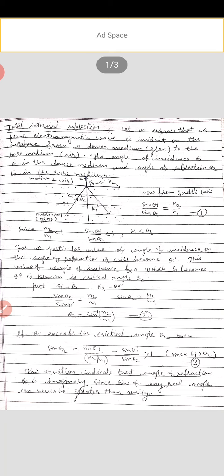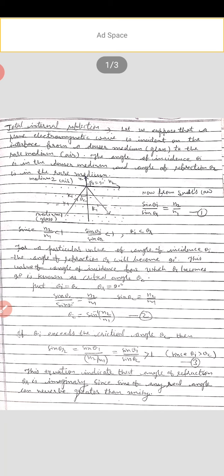But for this case, n2 by n1 is less than 1. So sine theta I divided by sine theta R is less than 1, and we get theta I is less than theta R.